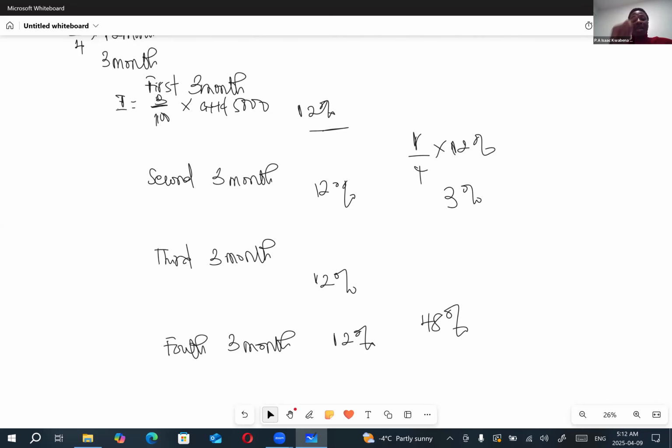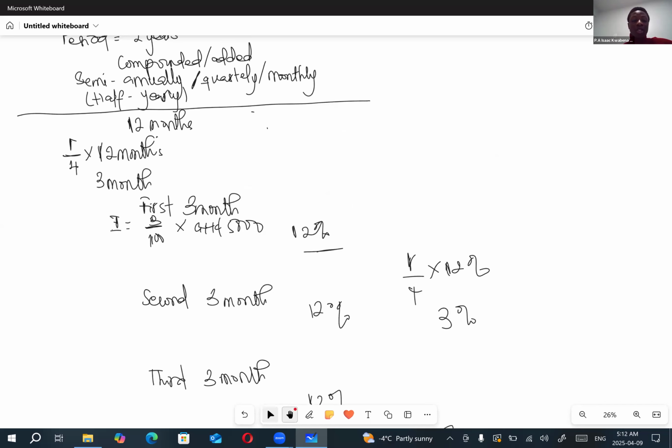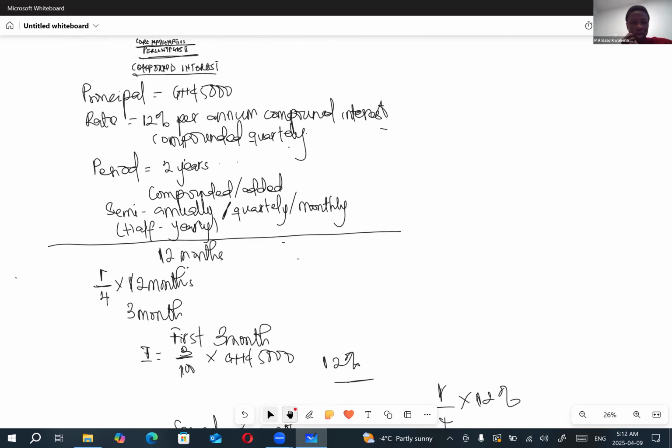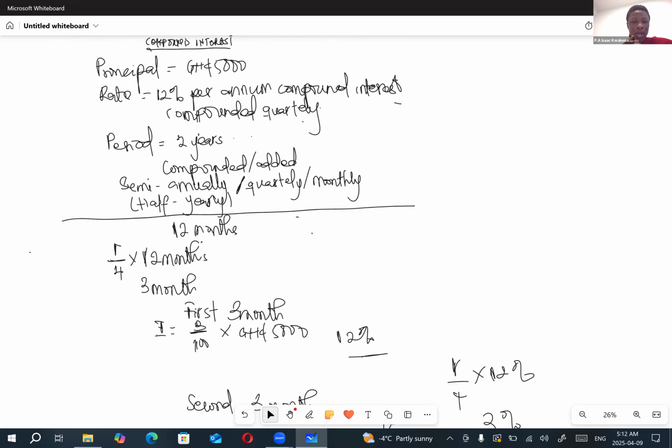Anyway, guys, I want to ask you a question. So listen. The interest rate the bank was giving Christiana was 12% per annum, compound interest, compounded semi-annually.